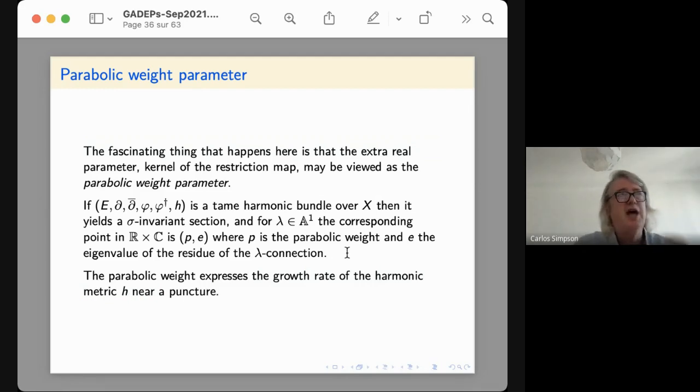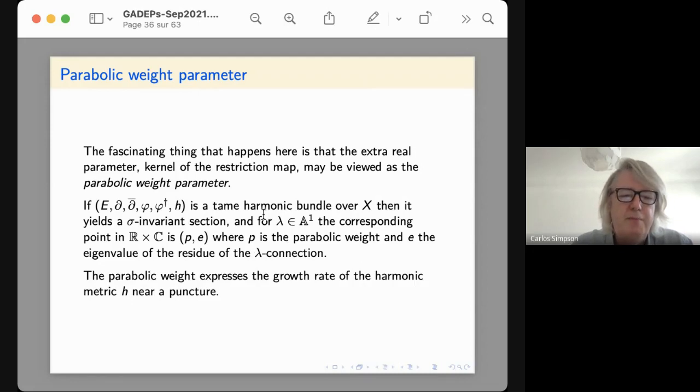So that's one natural way of looking at parabolic bundles. A parabolic bundle can be thought of as encoding some asymptotic information about a metric. The parabolic weight tells you that the metric grows like |z| to the p, basically. p is the weight. Absolute value of z to the p, plus or minus 1. Okay.